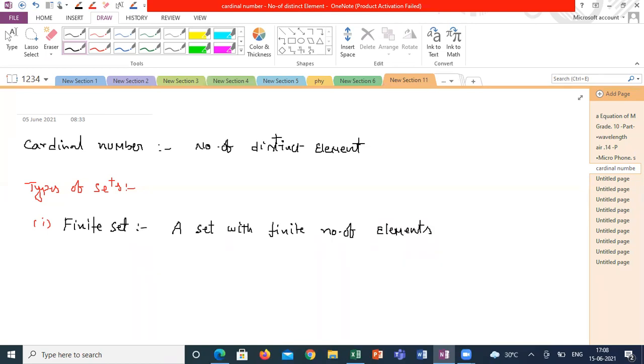By seeing the set, you can say whether it is a finite set or not. Examples: anyone can frame your own. Set A is 1, 2, 3, 4. Set B is the number of students in your class.